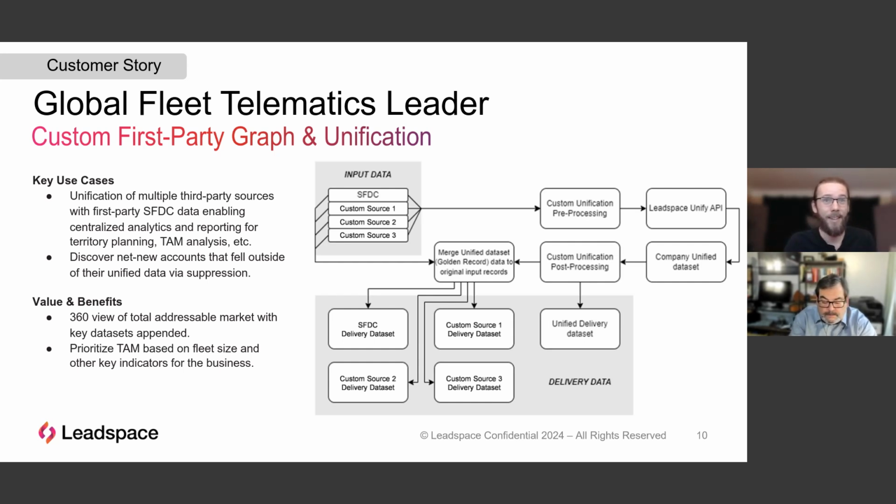M&A activity, those of us that have worked at a company that's either been acquired or acquired others, it can be a serious pain trying to bring all that data together, get it under one roof, so you can actually figure out how to make the most of this new joint organization that you're now working with.